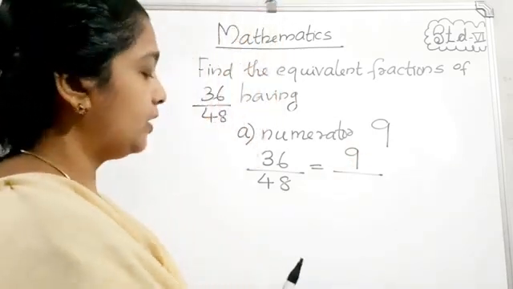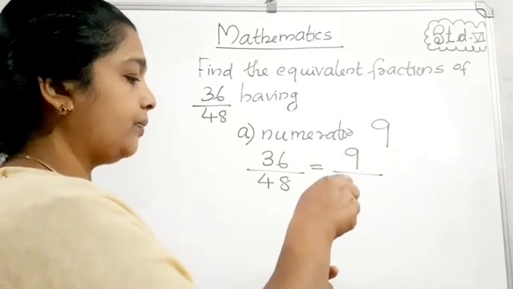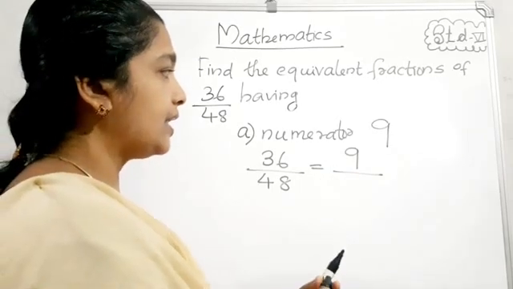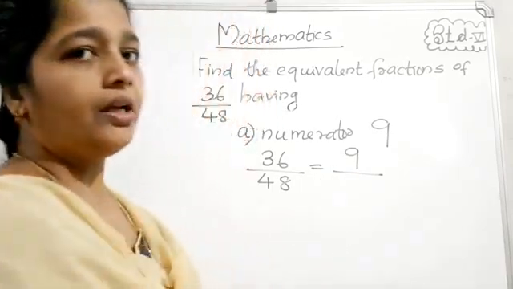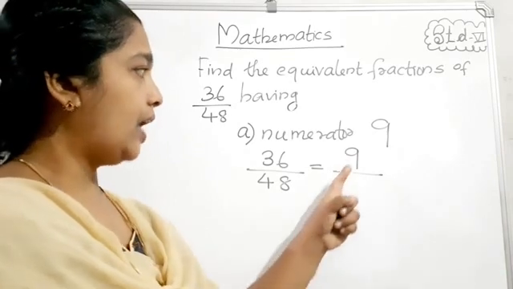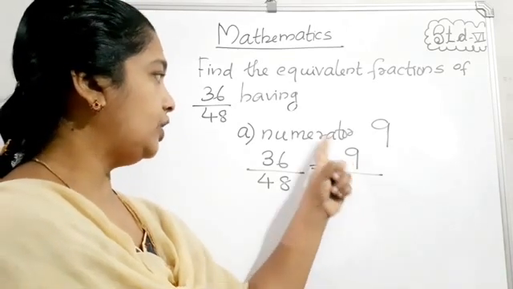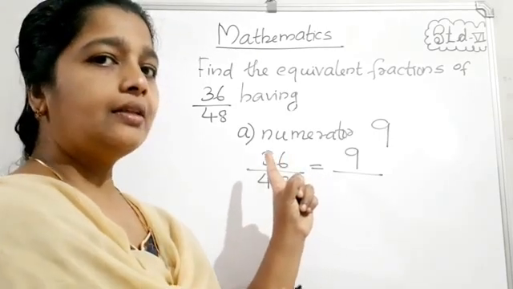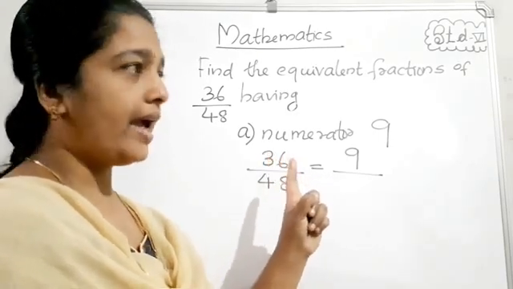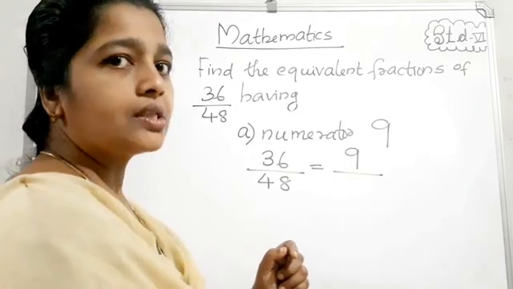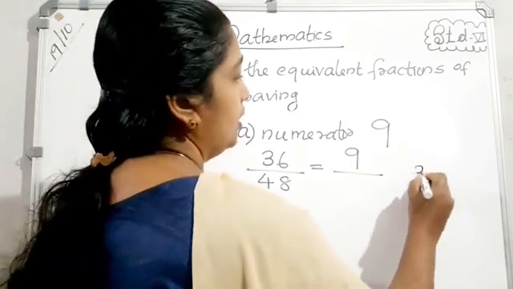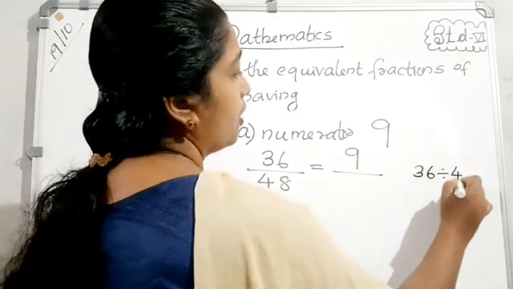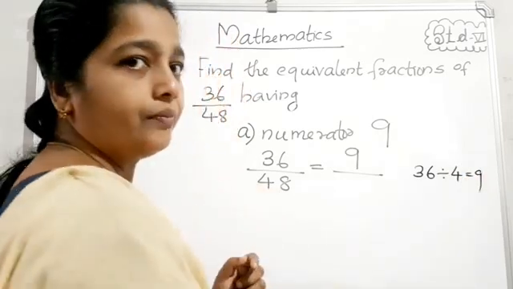You want to check division or multiplication here. 36 by dash equal 9. Any doubt, you want to check: 9 into dash equal 36. So you can say the correct factor. 9 into 4, 9 4s are 36. So 36 by 4 equal 9.